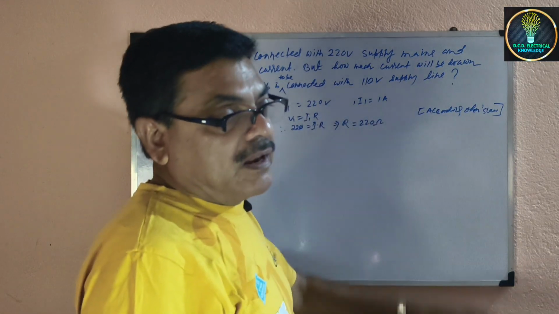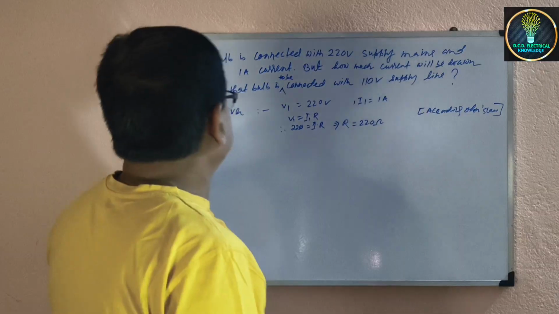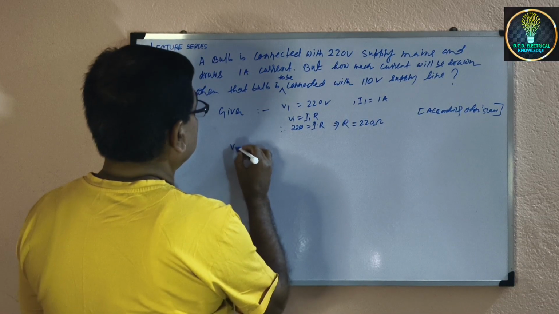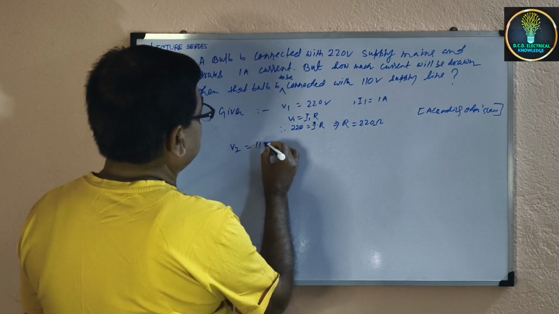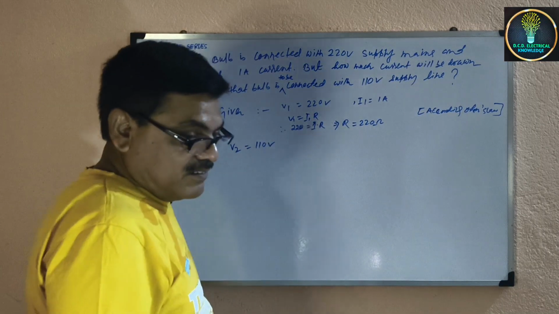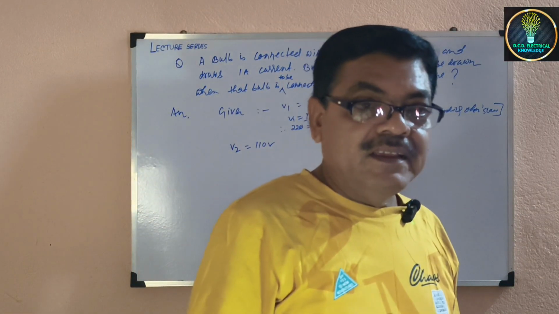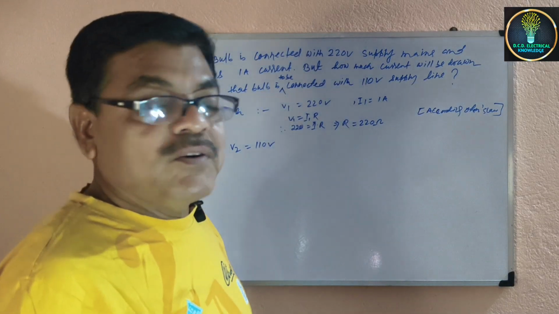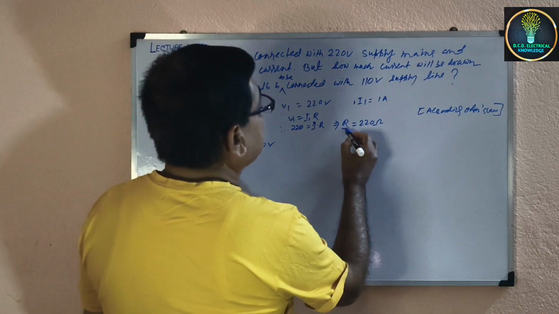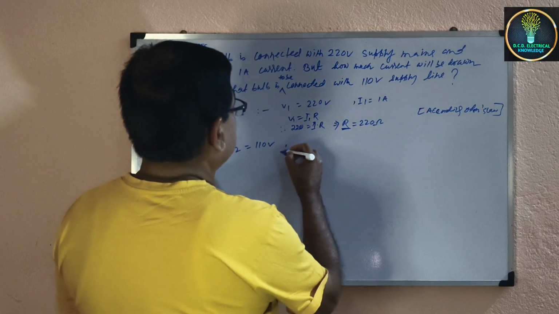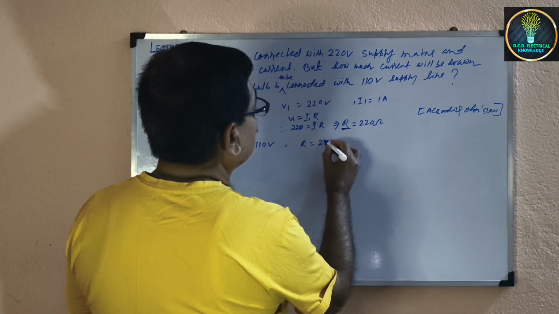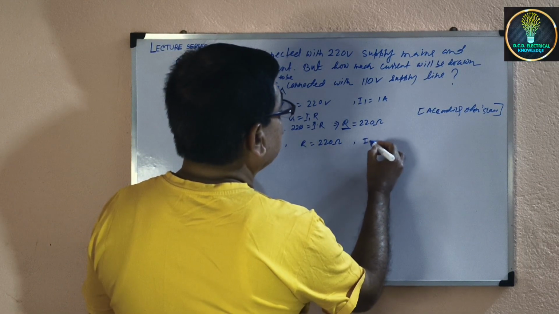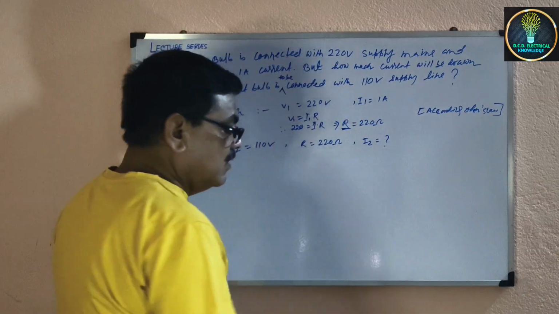Now this bulb is connected with V2, that is 110 volt. But it should also be remembered that the resistance of a bulb remains constant. So it is denoted by R, that is R is equal to 220 ohm, and I2 is to be found out.